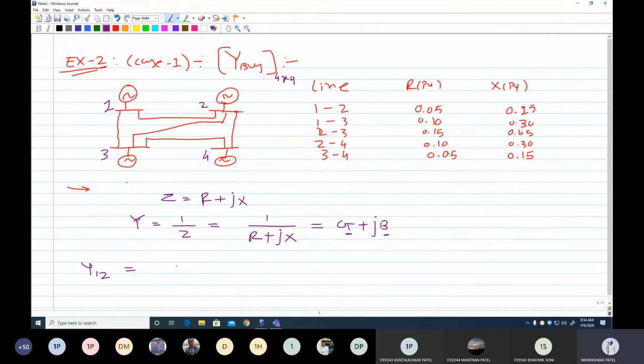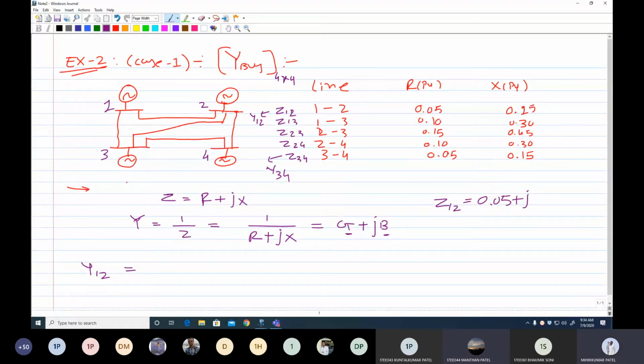The value of Z12 is given to you in the table: Z12, Z13, Z23, Z24 and Z34. From that you have to calculate Y12, same way Y13 and Y34. So the value of Z12 is equal to 0.05 plus J 0.15.